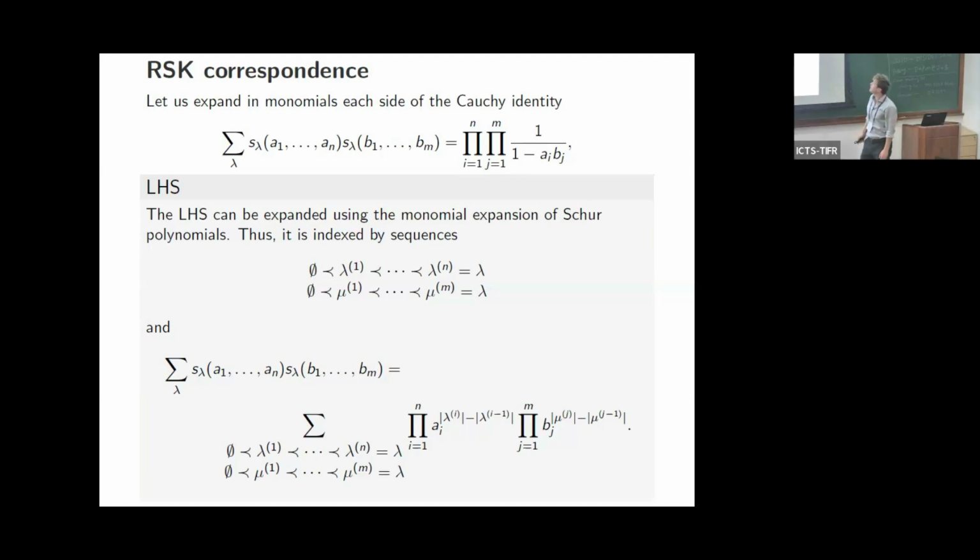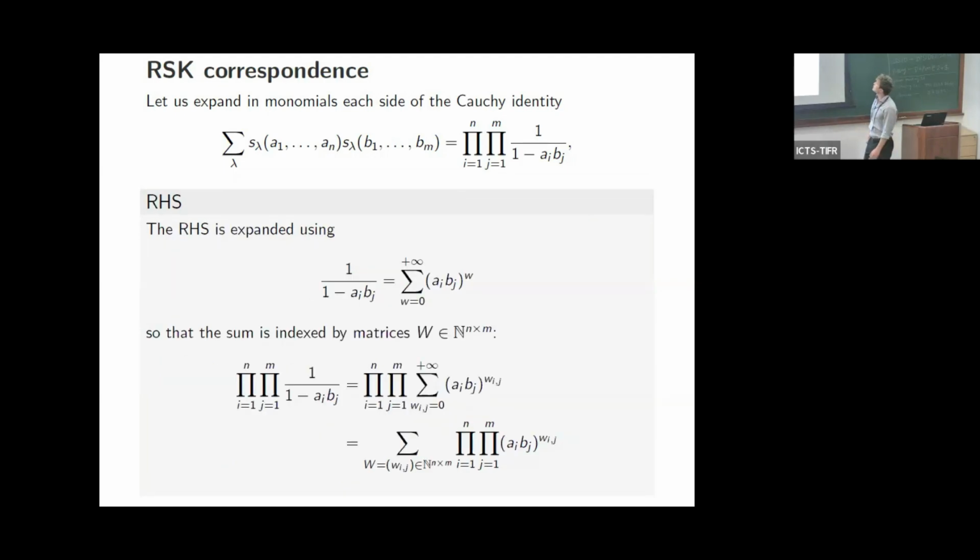Okay, now the right-hand side. The right-hand side is a product of something quite simple, 1 over 1 minus aibj. You know that if the modulus of aibj is less than 1, you can expand it in a power series: the sum over w between 0 and infinity of aibj to the power w. So I can plug this into this product. Inside the product over i and j, it's convenient to call this summation index wij.